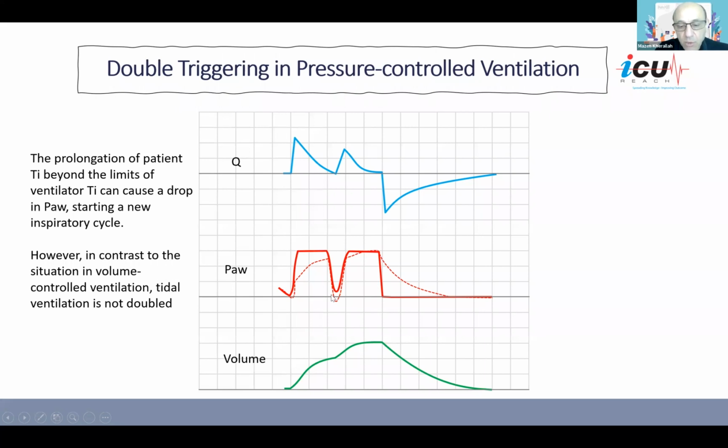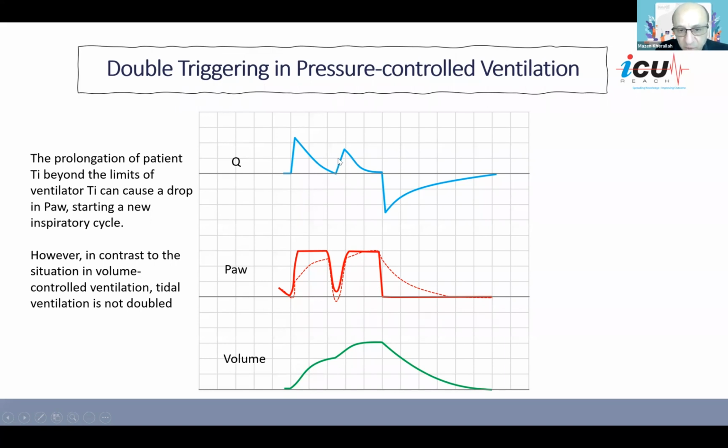And the machine will deliver the same set pressure because it's pressure control. You can see that pressure is exactly the same as in the previous one. However, we have volume here, meaning that this pressure is now going to result in less tidal volume and less flow.